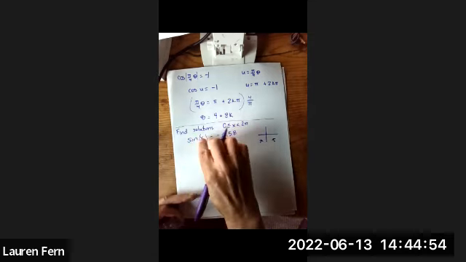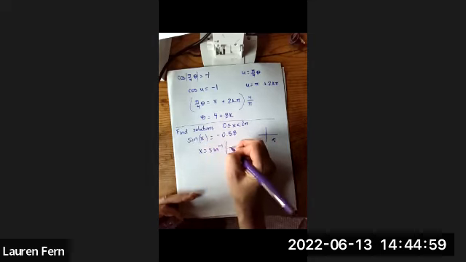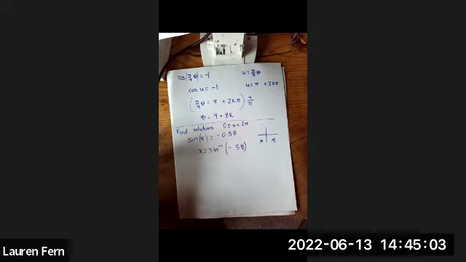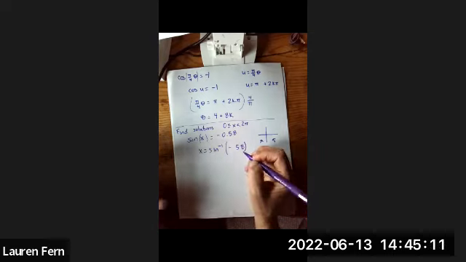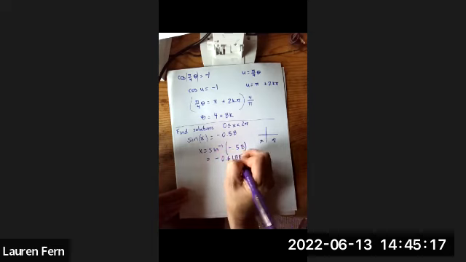The inverse sine of the sine undo each other. And we can take the inverse sine of negative 0.58. And I get x to be negative 0.6187.